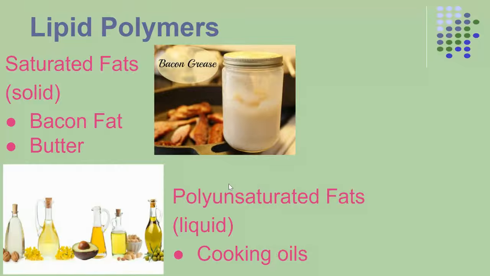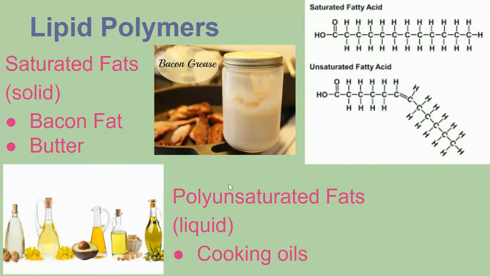Unsaturated fats are liquid at room temperature, and those are all types of different cooking oils, like canola oil, coconut oil, avocado oil, vegetable oil, olive oil. Any of those cooking oils are unsaturated fats.